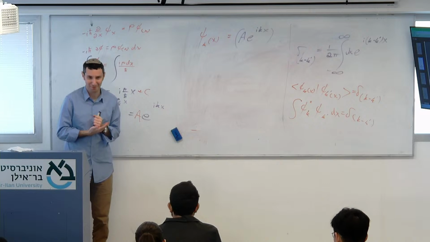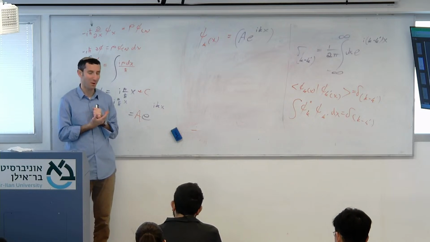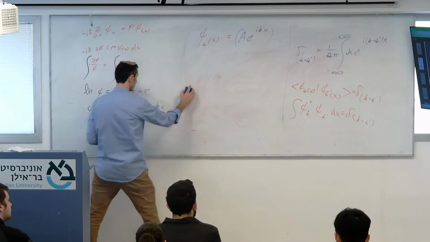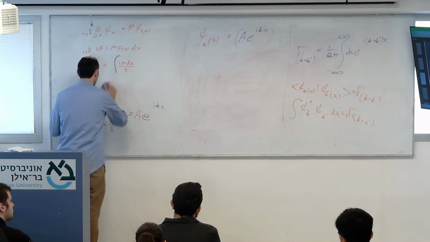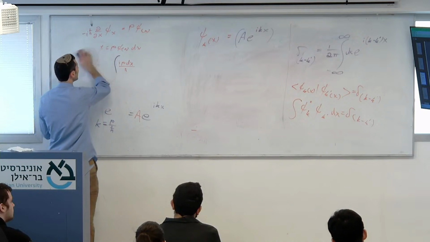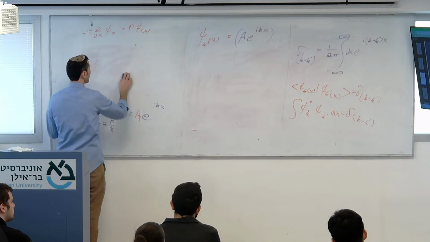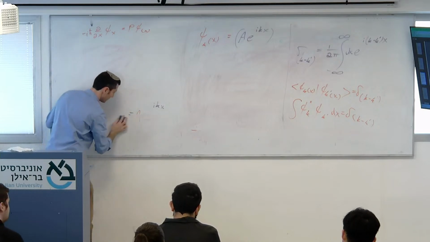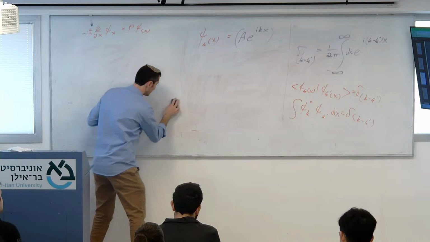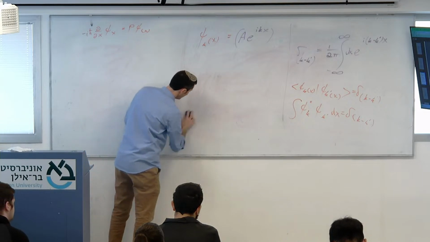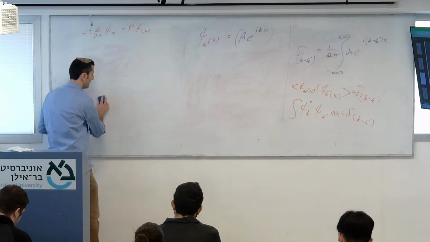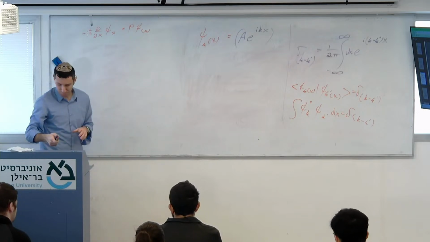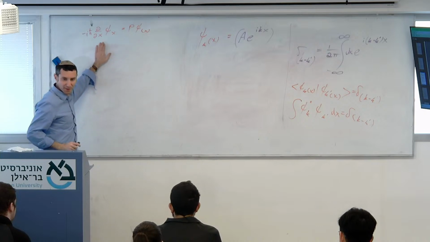This was the momentum operator. Let's move to the location operator, the position operator. How did we start this momentum thing?